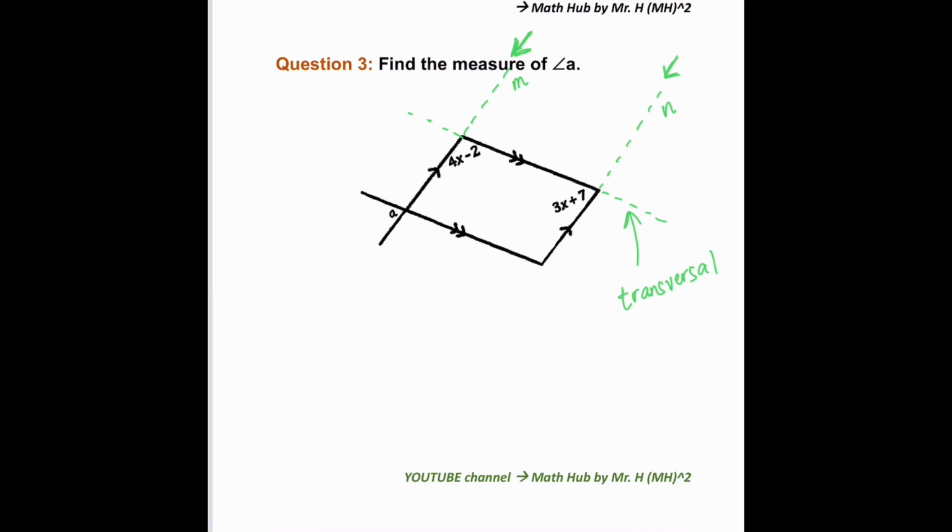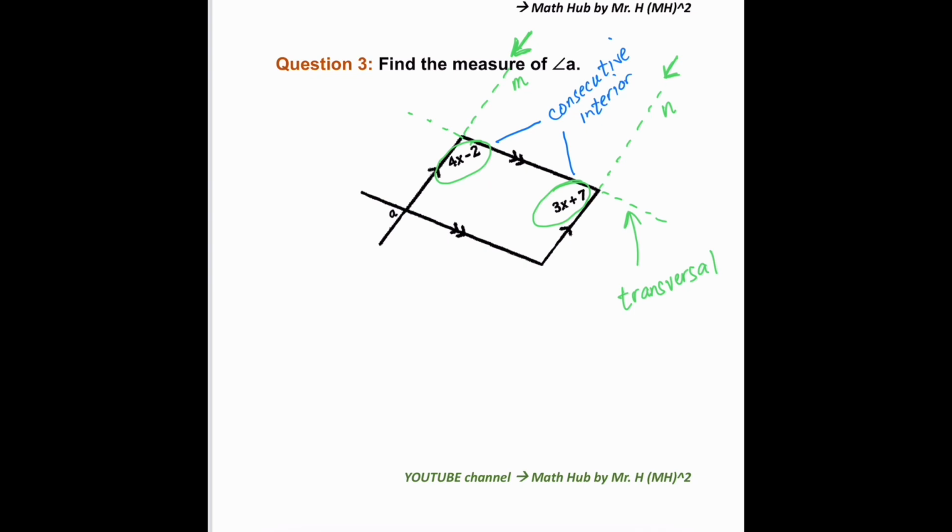If line M is parallel to line N, this line crossing the parallel lines will be our transversal. These two angles form consecutive interior angles. And by definition, in terms of measurement, consecutive interior angles are supplementary.